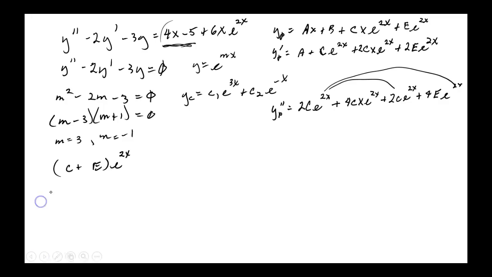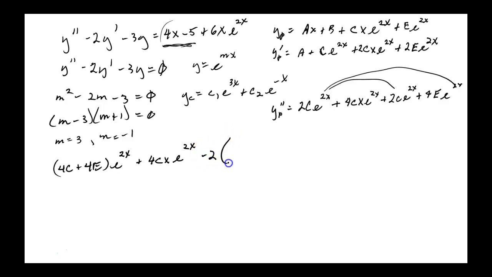I would say leave the 4's in there. Okay, 4c plus 4e, e to the 2x, plus 4cx e to the 2x, right? Yay or nay? Yeah. Okay.